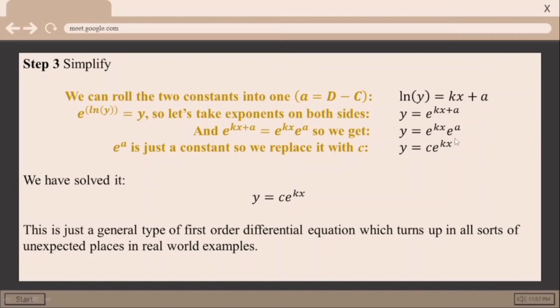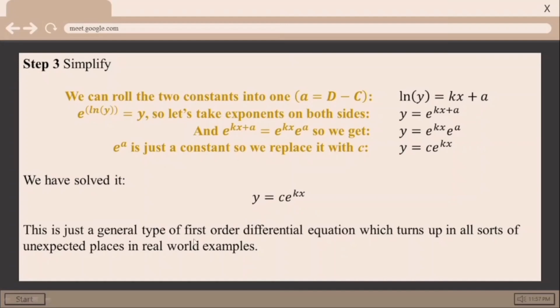Then e raised to the power of a is just a constant, so we replace it with c. Okay, now we already have our simplified form: y equals c e raised to the power of kx.